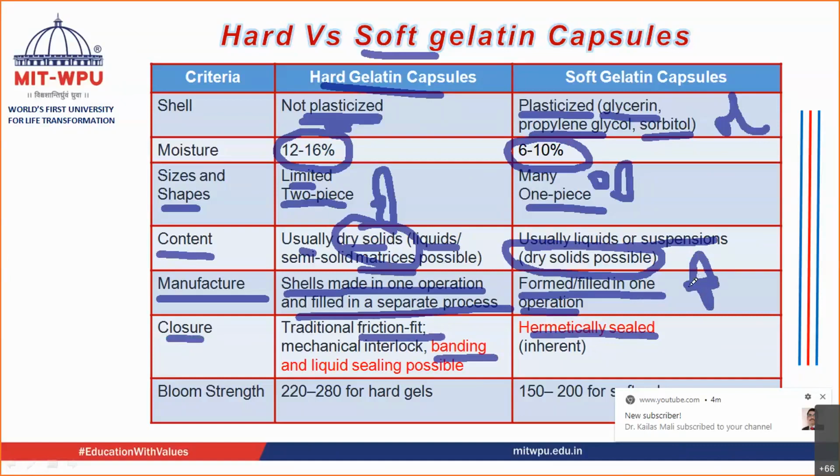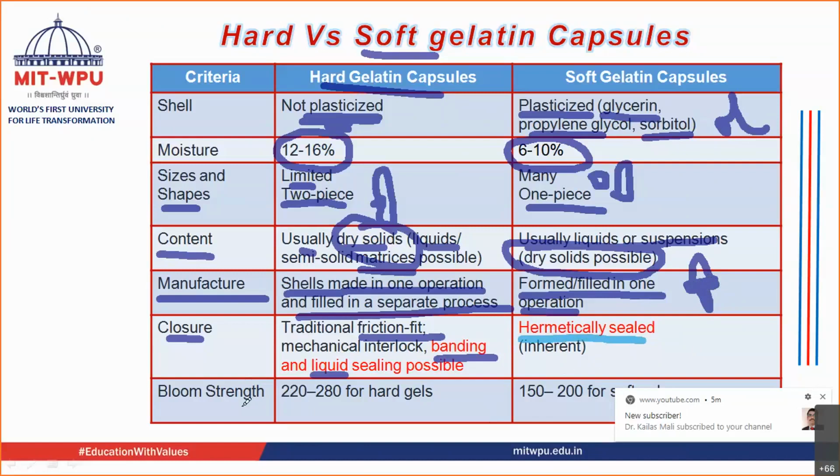The cap and this body are sealed with the help of a band, or also they can be sealed with the help of liquid. So there is a liquid that is applied at the joining points, whereby the cap and the body get sealed with each other. Whereas how is the sealing that is done over here? It is hermetically sealed over here, right?